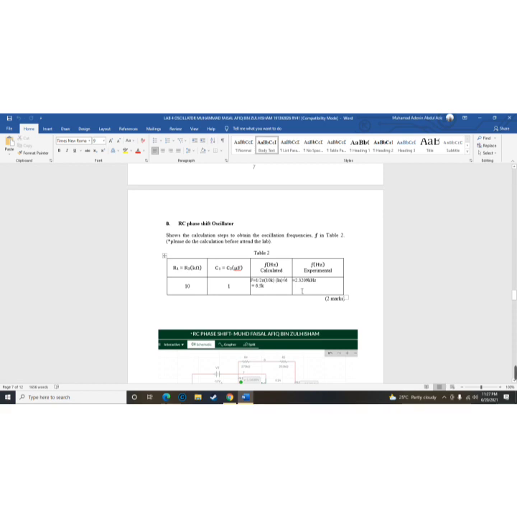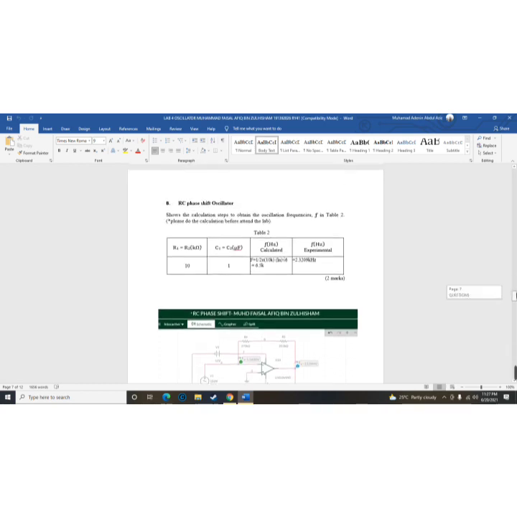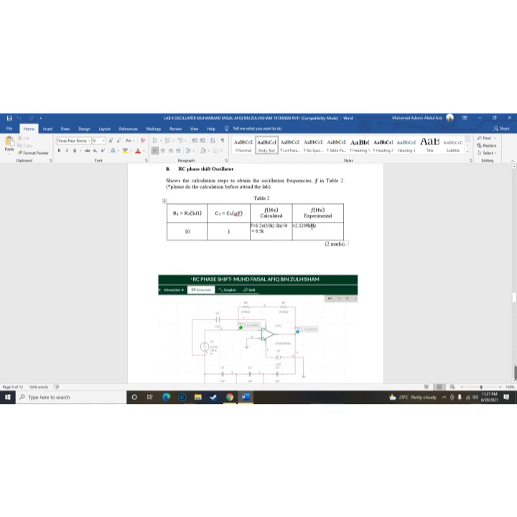They are a bit different between the calculated and the experiment, and this is the value for the experiment.